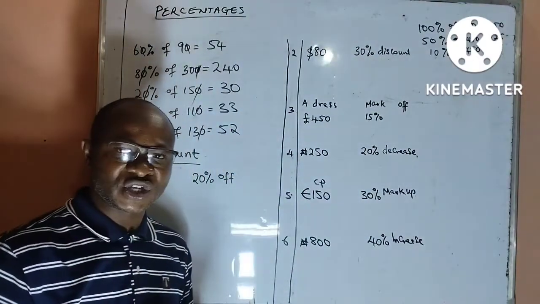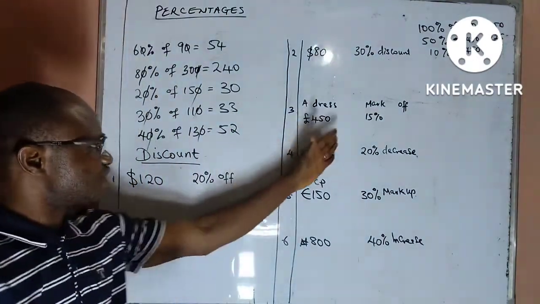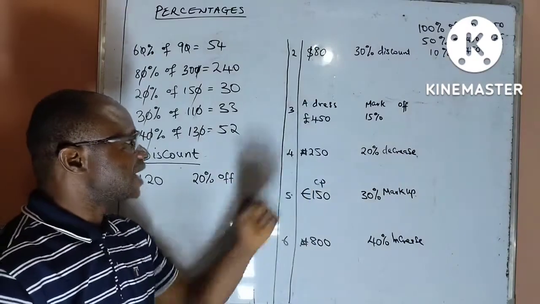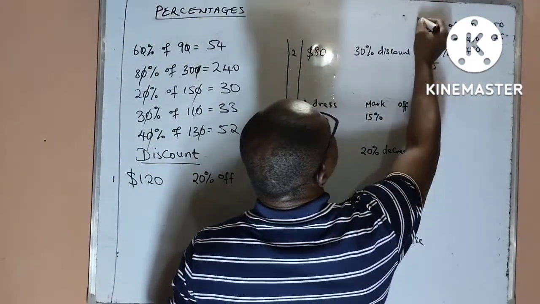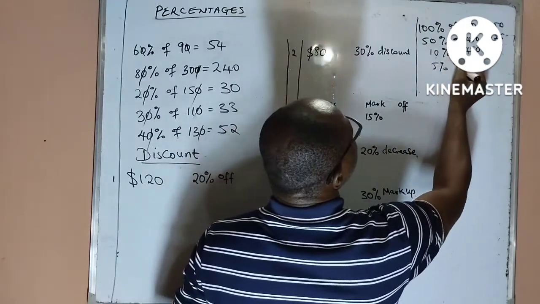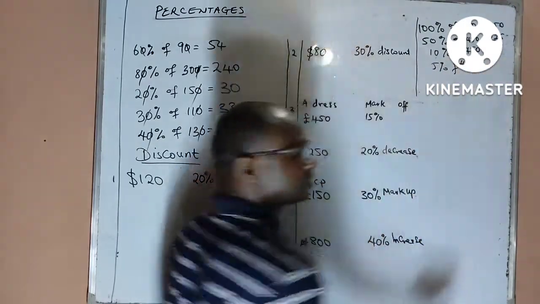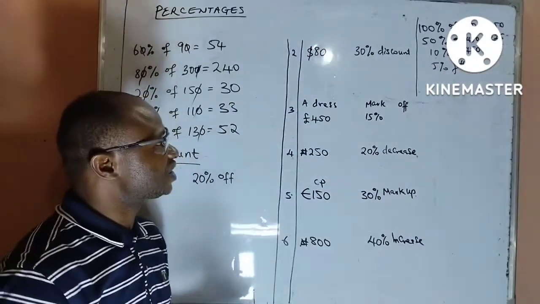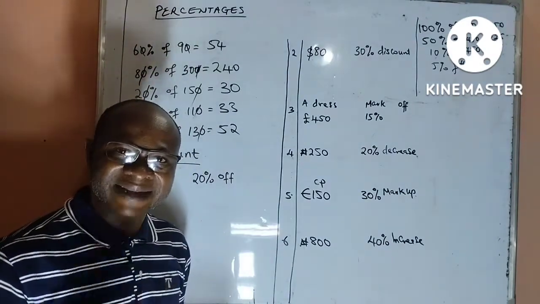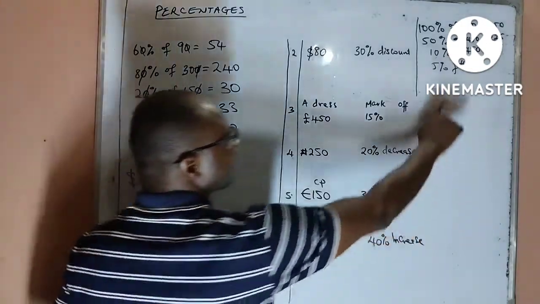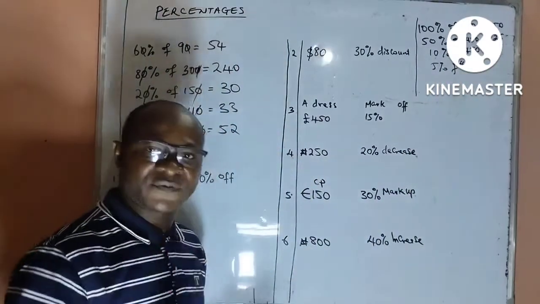I'm trying to give us a reminder so that we can use it to solve this daily life problem. Then 5% of 450, in the previous video I said 5% of any number, divide that number by 10 and divide it by 2. So if I divide 450 by 10, I get 45.